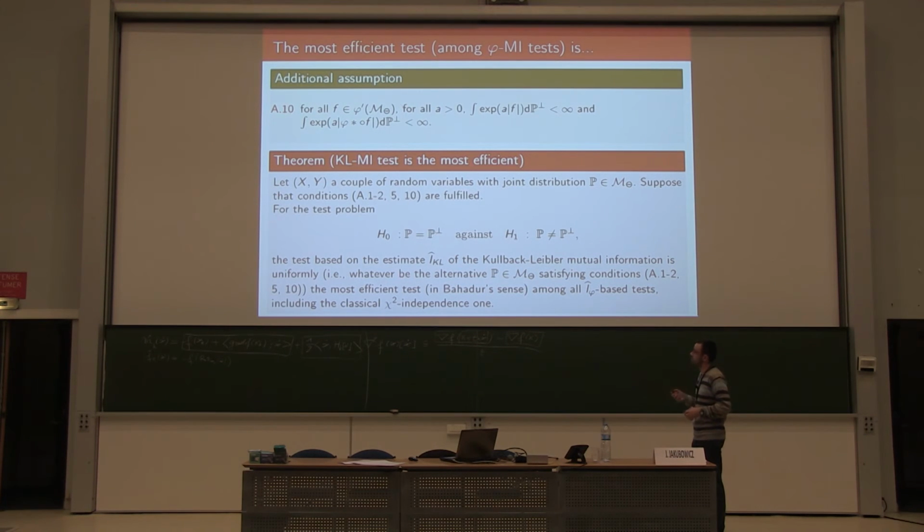So this result relies on a large deviation principle for the sequence of the dual estimates for the phi mutual information. I didn't give it here, but you can find it in the paper.